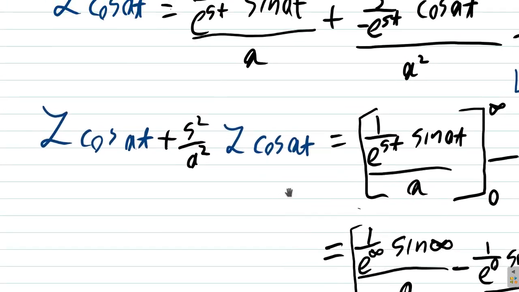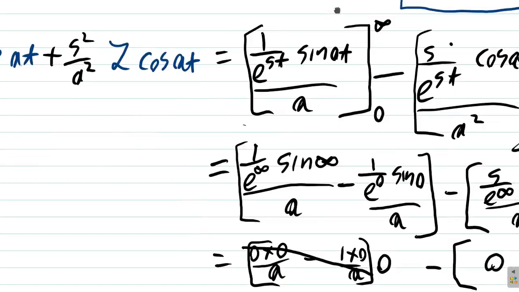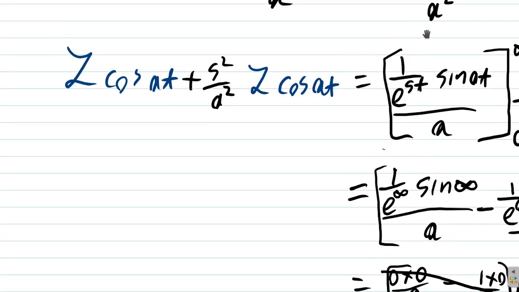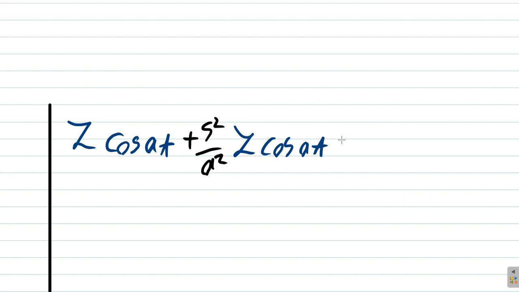Here we have the Laplace transform of cos AT plus s squared over a squared times the Laplace transform of cos AT is equal to.